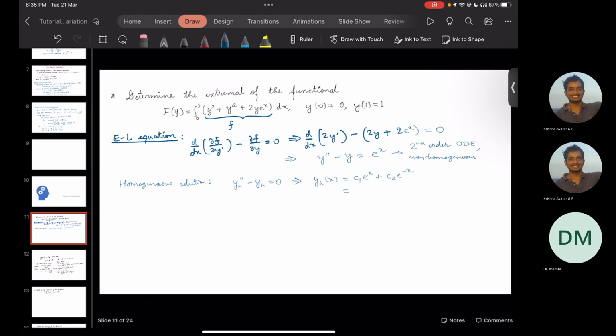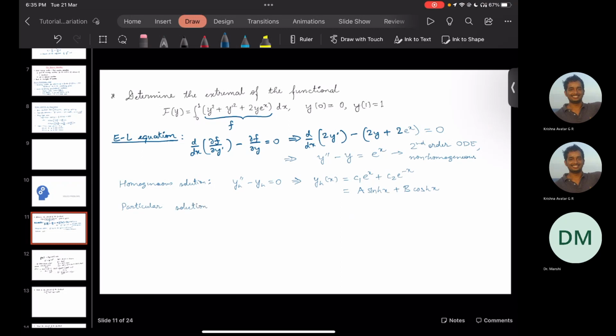And this we can also write, after making algebraic manipulations, bringing in the hyperbolic functions, as a sinh x plus b cosh x, right? So we have obtained the homogeneous solution. Now let's find the particular solution.